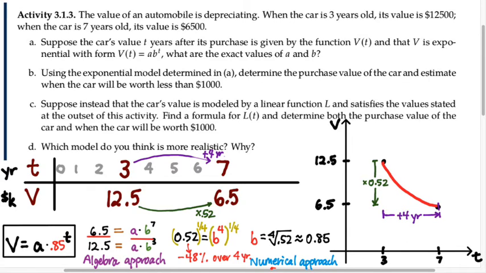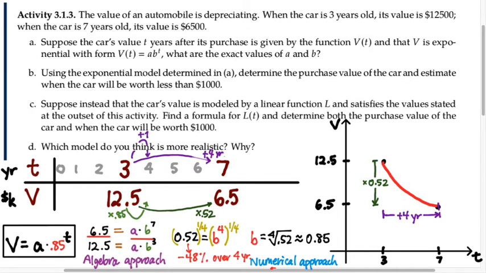Exactly. So over the course of just 1 year, how many percent value is my car losing? 15. Yep. So when the number of years goes up by 1, the value of my car goes down by 15%. So times 0.85.